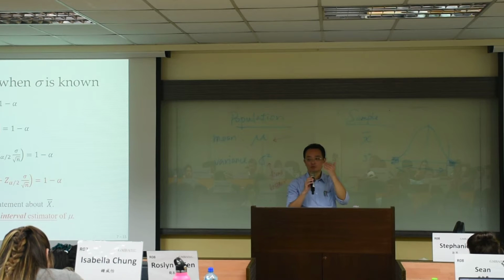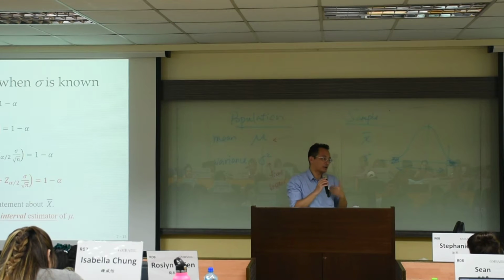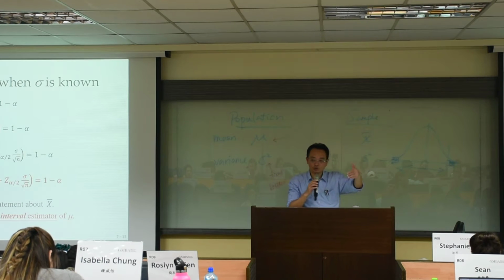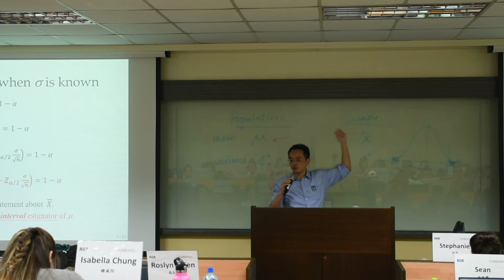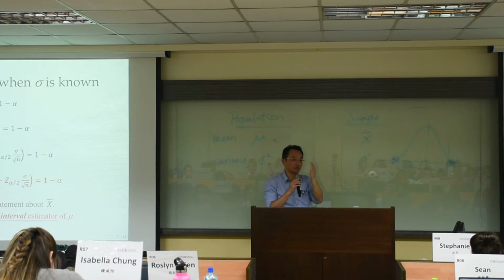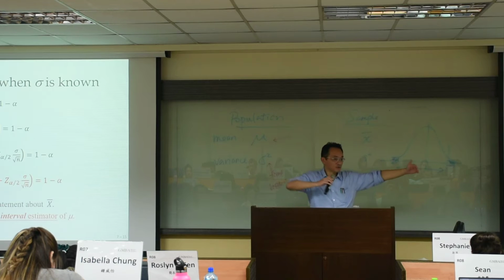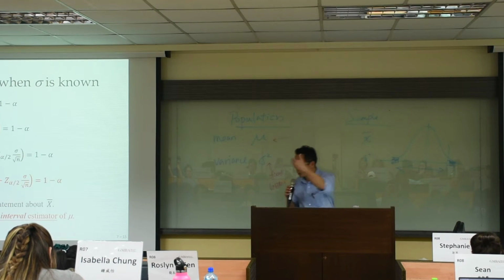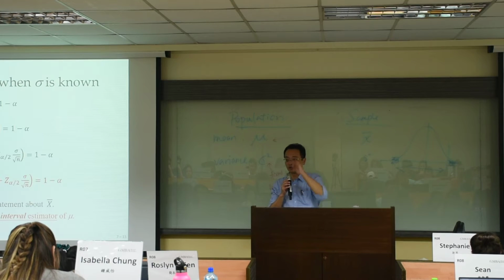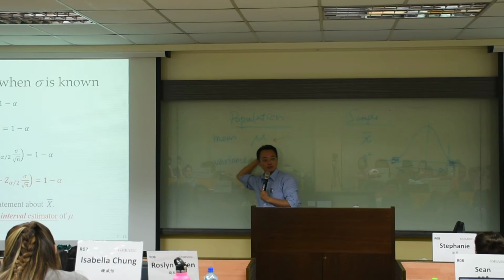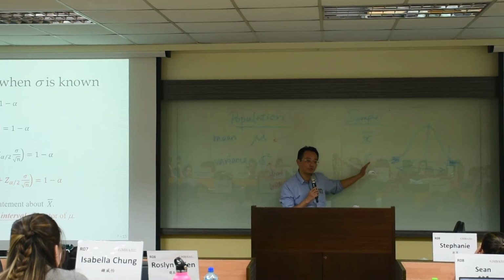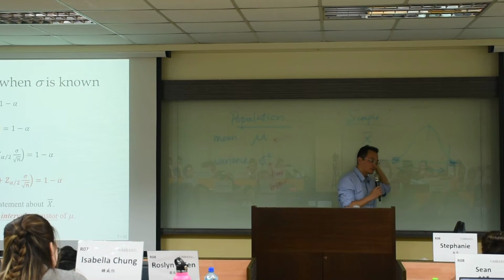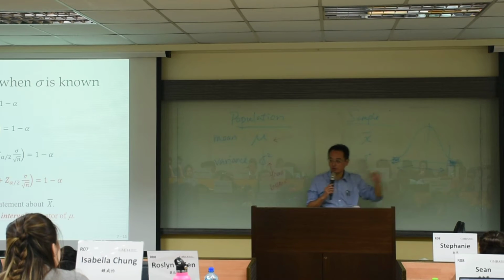Because intuitively, if we would like to have a higher proportion of inclusion of our unknown population mean, we will widen our possible range so that there is more possibility to capture the unknown population mean, right? So we can prove that using the standard normal distribution as well.